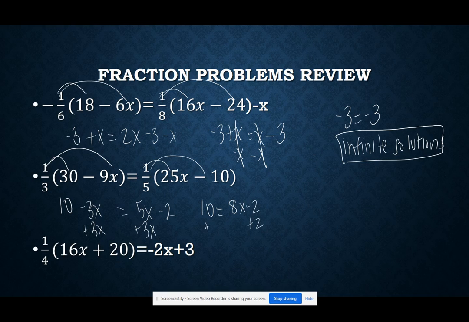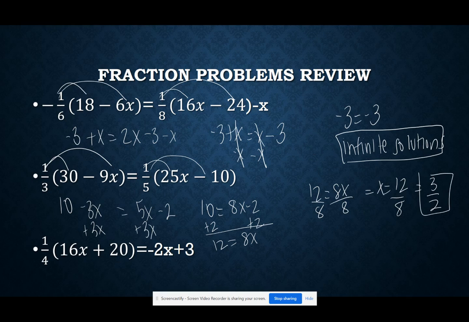Add 2 to both sides. Divide by 8. I get x equals 12 eighths. And if I simplify that, that becomes divided by 4, 3/2. So make sure you simplify. You always want to simplify.